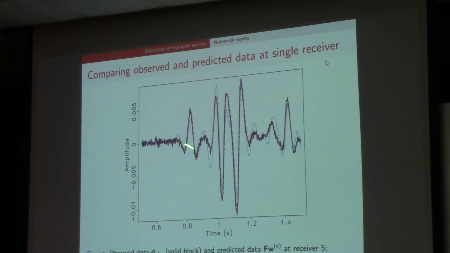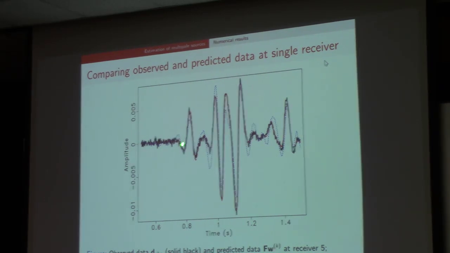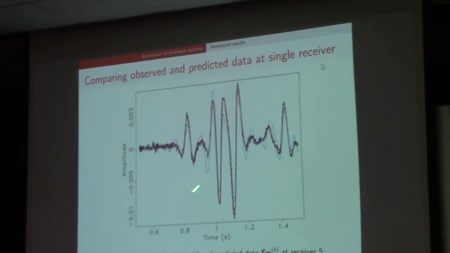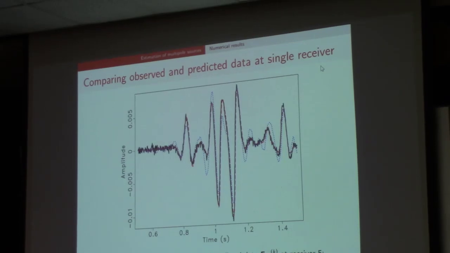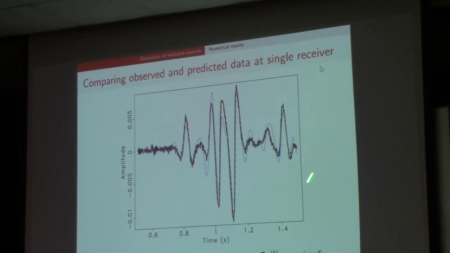And just to convince you that not only did we get a smaller data misfit, here is a qualitative look at the data matching. In black is the noisy data, the true observed data, and in blue is what you recovered with regular conjugate gradient after 150 iterations. So not very good in certain places.